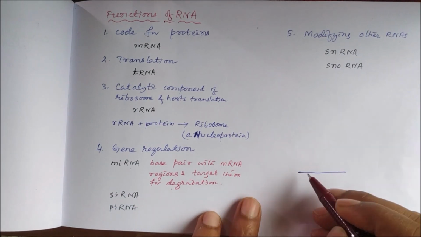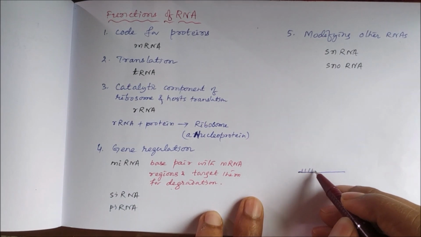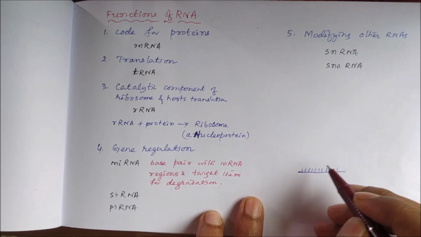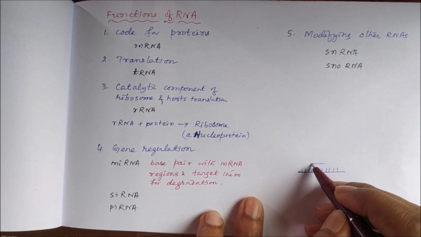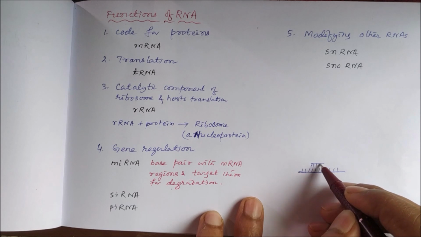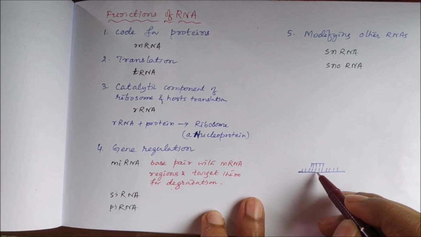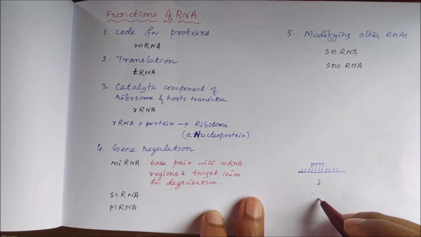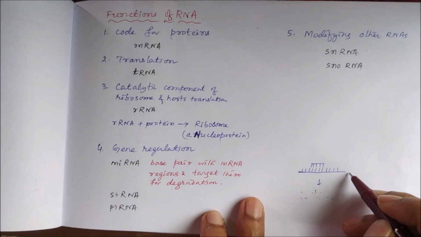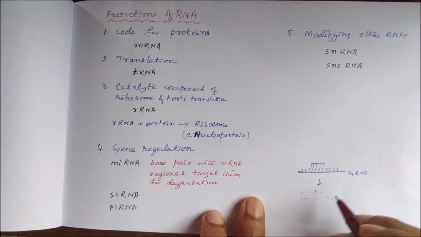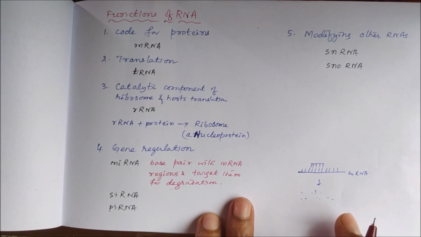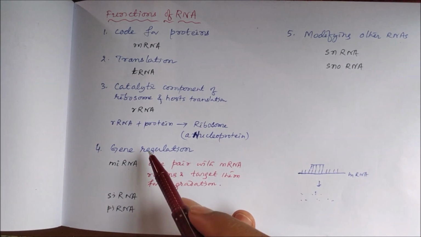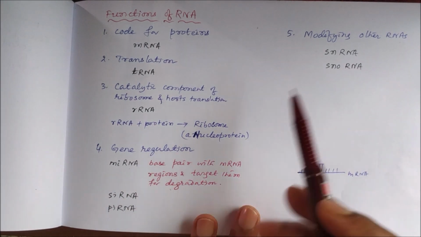If this is the messenger RNA, the microRNA with complementary bases will form a pair, and it will be followed by the degradation of this messenger RNA. So there will be no translation and no protein synthesis. In this way the microRNA can regulate.